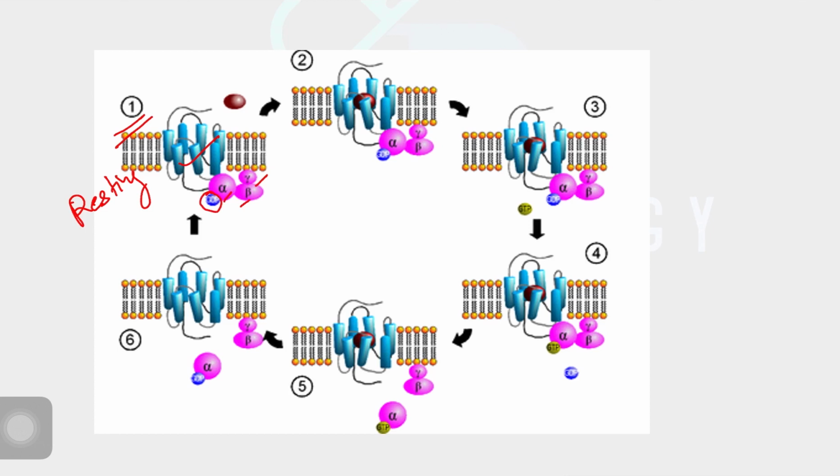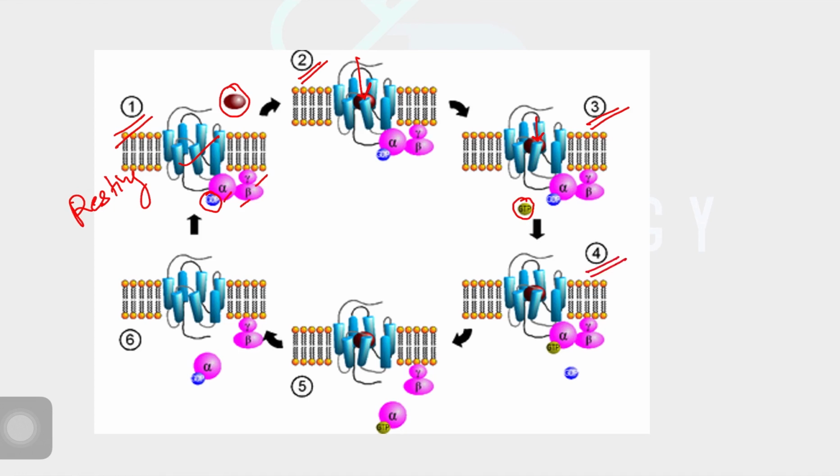We have our agonist molecule here, and it's about to bind to the receptor. In step 2, our agonist molecule binds to the receptor, and now the process starts. What happens in step 3? Because of the binding of this agonist to the receptor, now GTP comes into the picture.